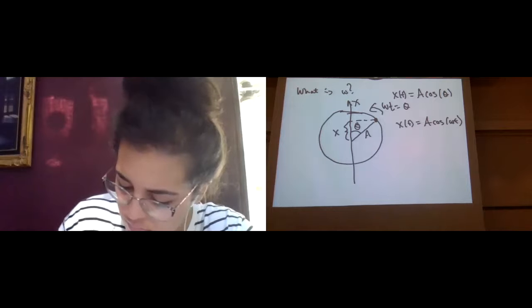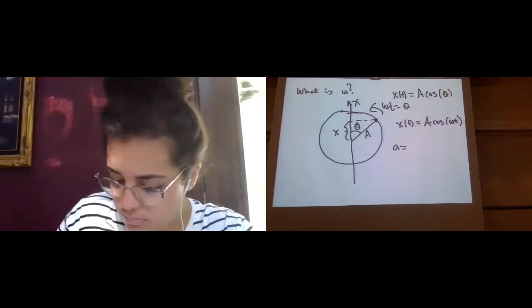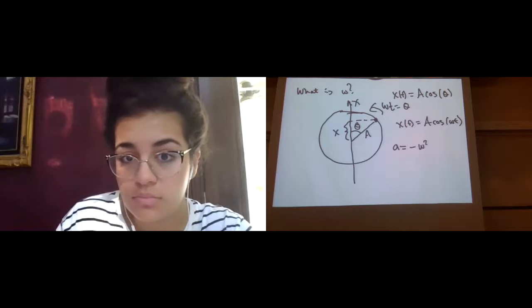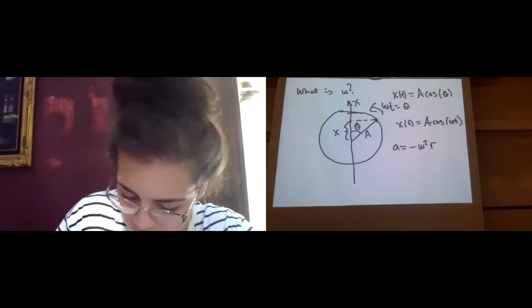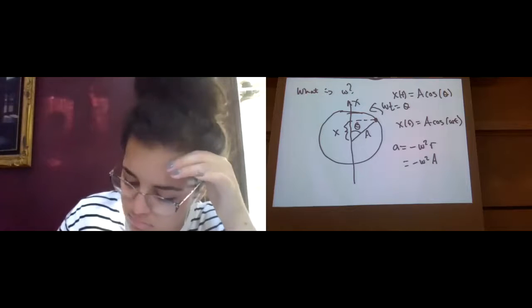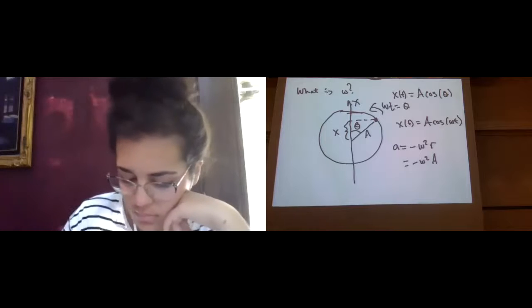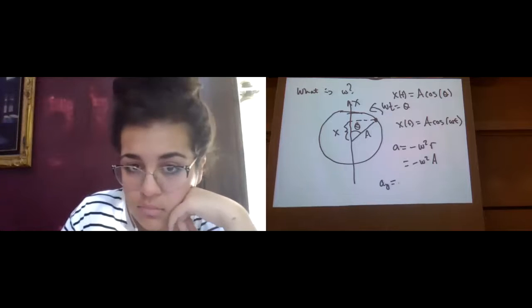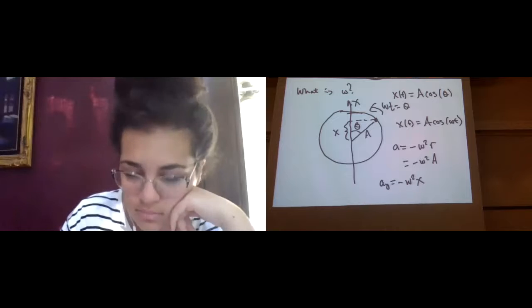Now, I know the acceleration for uniform circular motion went as minus omega squared times the radius. Here, my radius was equal to the amplitude. Since all I care about is the vertical portion, the vertical portion of the acceleration is equal to minus the angular frequency squared times the x position.